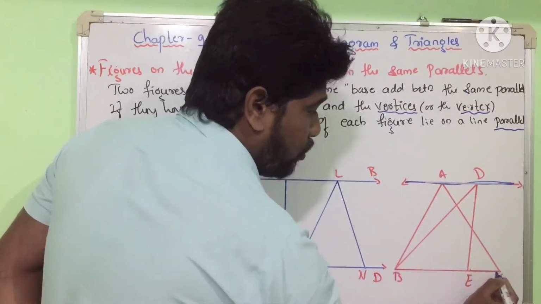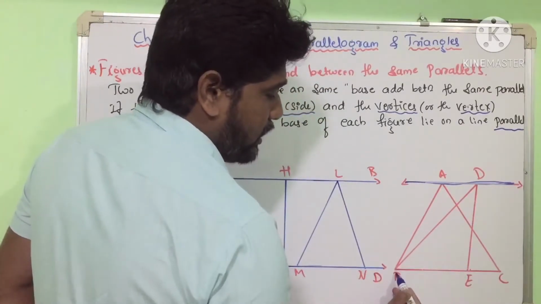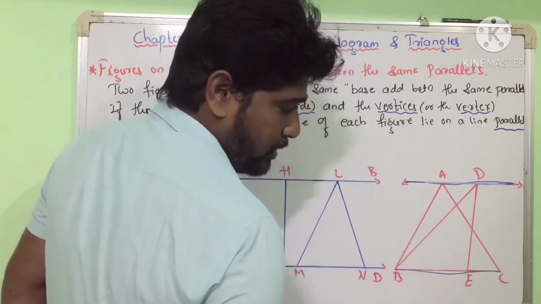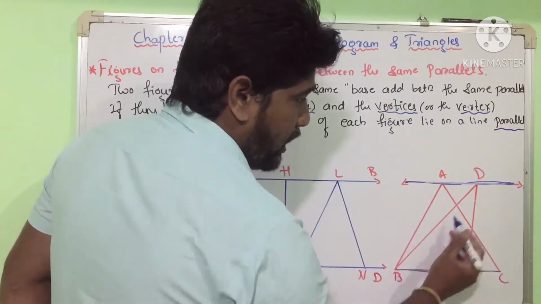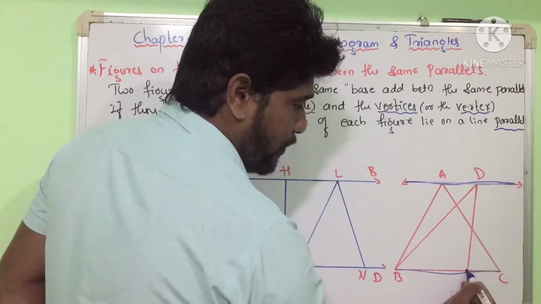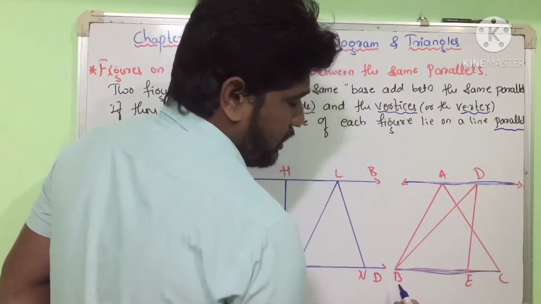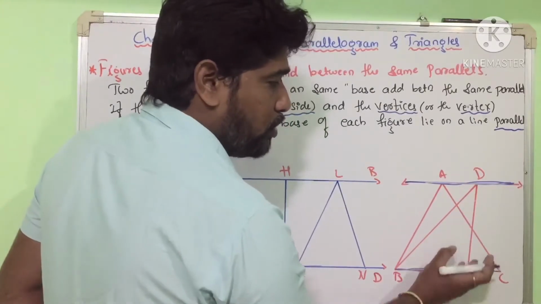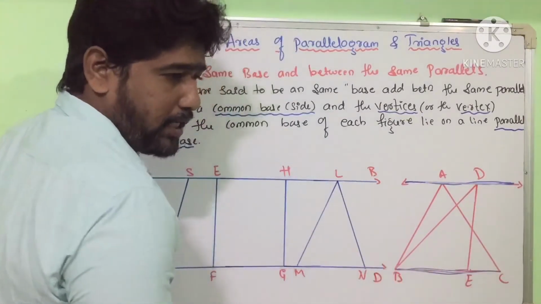But they don't have a common base. The triangle ABC has base BC, right? And BDE has base BE, right? Here they don't have a common base. So these are not on the same base here, right?